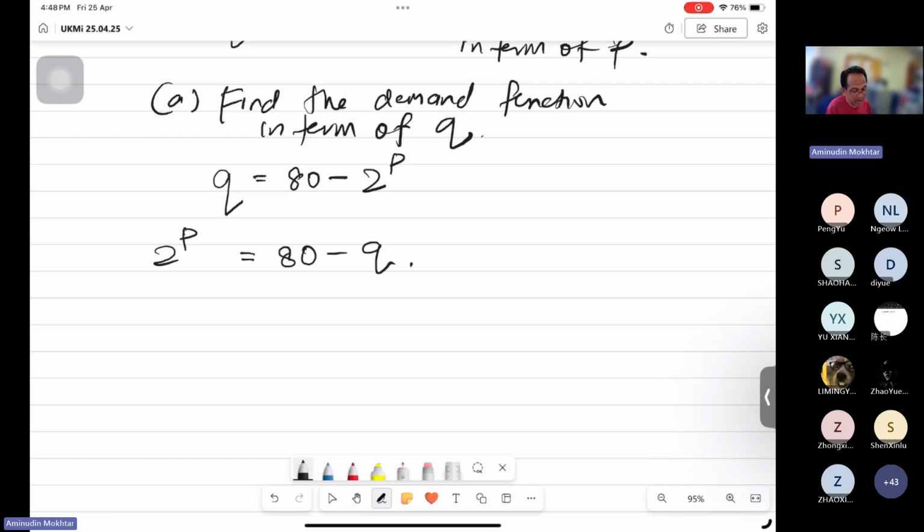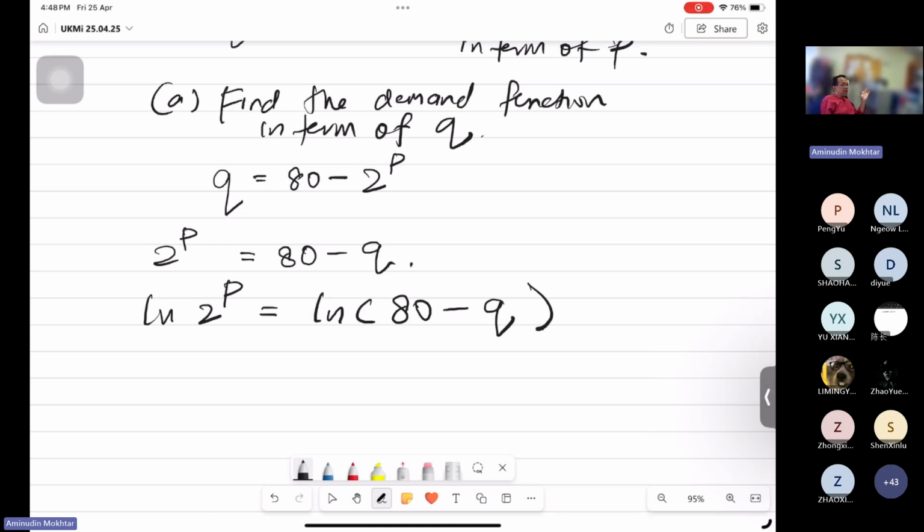Since the P is in the power, we must take log. Let's say for the example, I take a natural log: ln 2 to the power of P equal to ln of 18 minus Q. We need to take log on both sides, left hand side and right hand side.